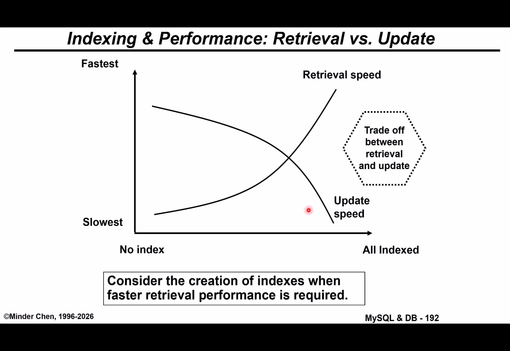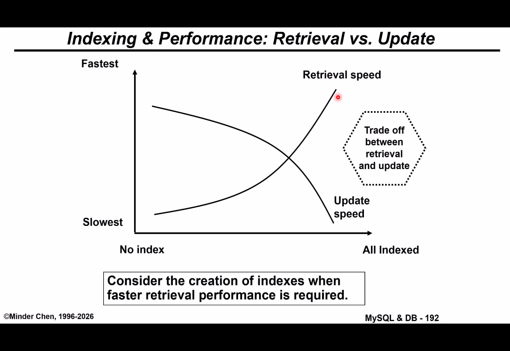So that sounds good, right? Why don't we just index as many columns as we wish? Because they do speed up data retrieval in terms of select statements.